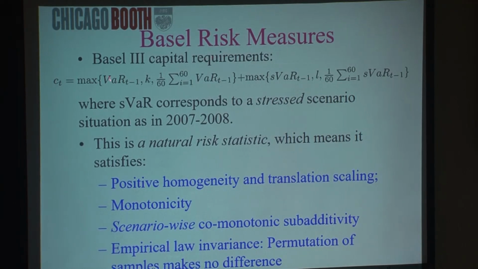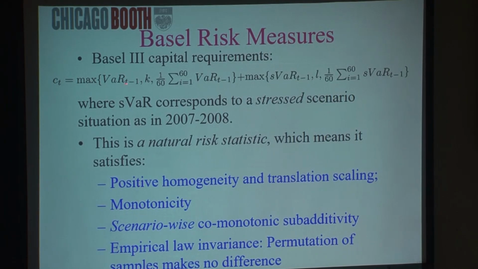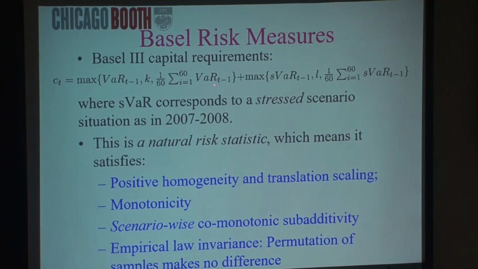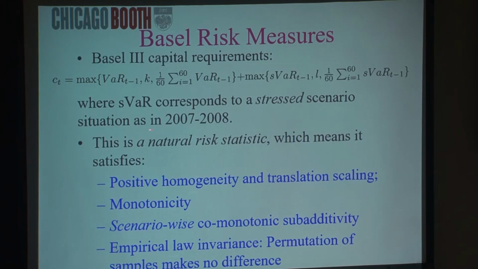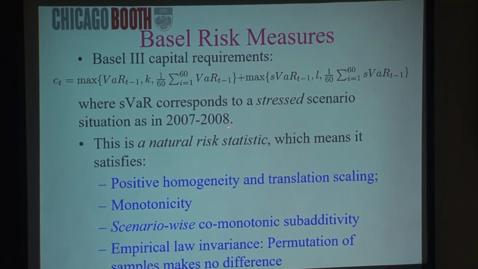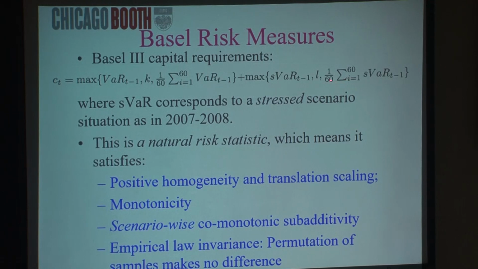The capital requirement is that you take the value at risk that the bank has calculated, you take some external measure, what value at risk it had calculated in the past 60 months, and then you take the value at risk measured against particular stressed situations, like the financial crisis, and whatever valuations it had in the past.